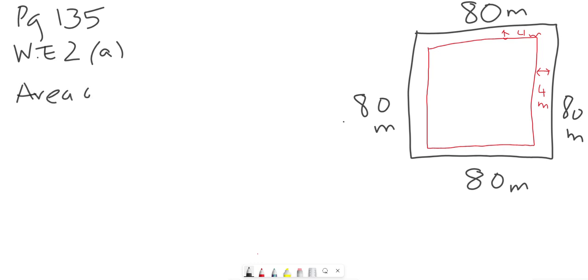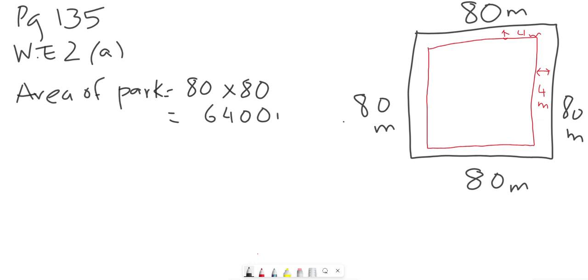Area of park is equal to 80 multiplied by 80 gives us 6400 meter square.